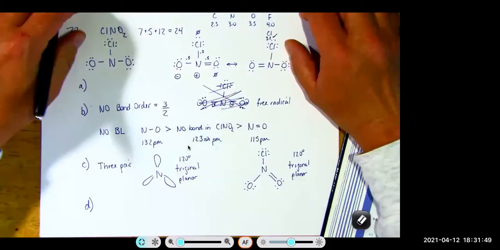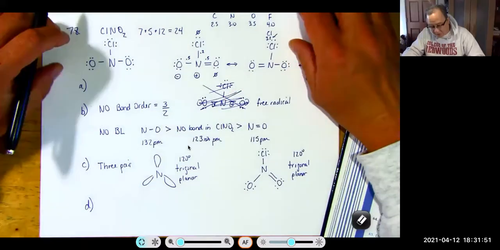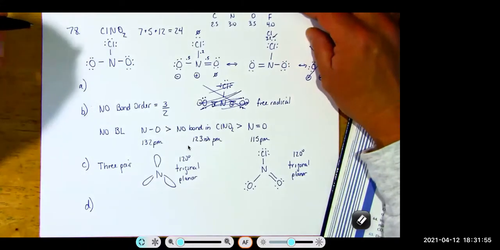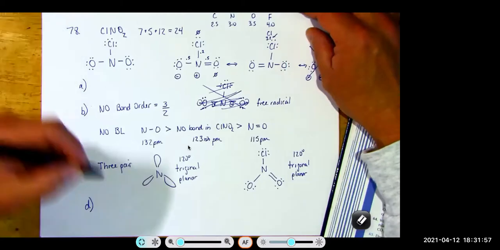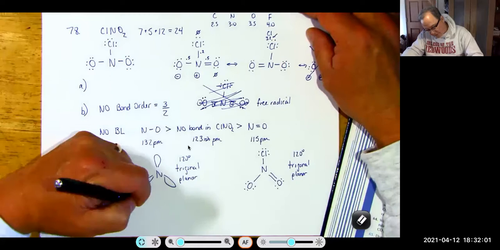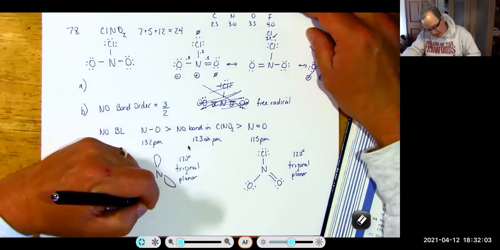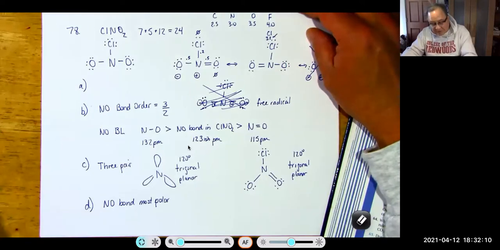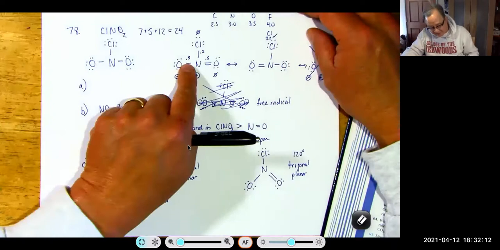Okay, so what is the most polar bond here? The NO. Right, the nitrogen-oxygen bond is most polar. And notice I did not write NO single bond, I did not write NO double bond, just the NO bond. They're both the same polarity, 0.5.